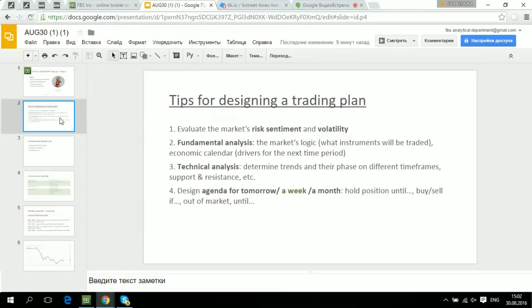Firstly, I recommend you to study the market's risk sentiment and volatility. To do that, we of course study the fundamental picture, do fundamental analysis to understand what will be the logic of the market during the upcoming week, what would be the main market moving events, which pairs will be trading most, which pairs will be most volatile, and what economic events will be the main drivers.